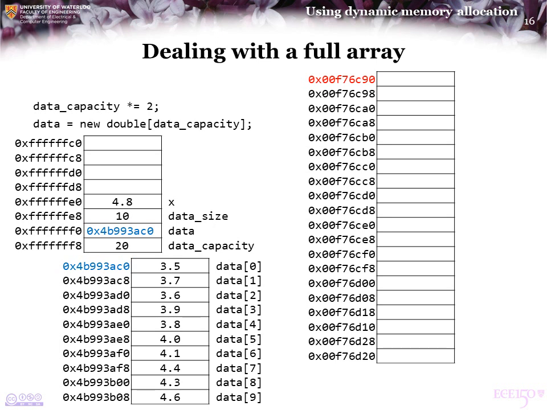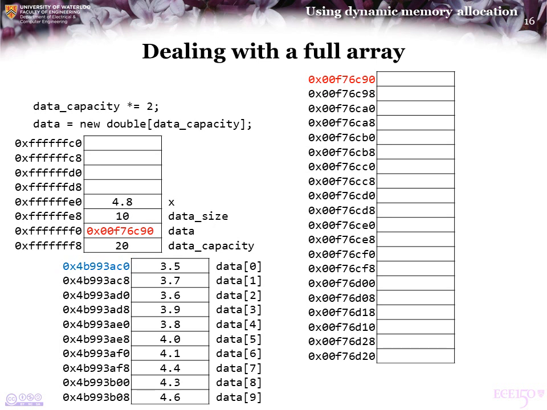It has found 20 times 8 bytes, that is sufficient memory for an array of 20 doubles, and the first address is returned and stored in the entry data.